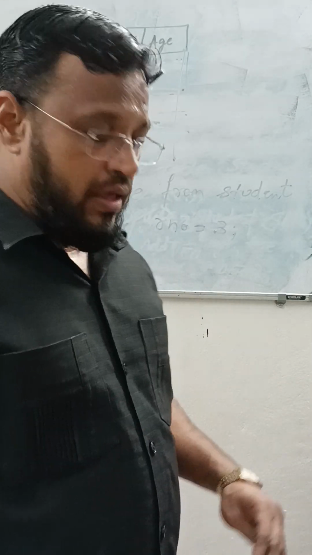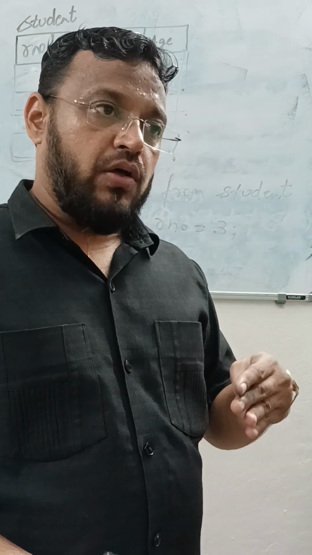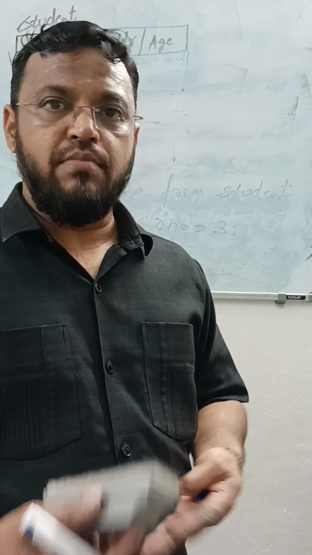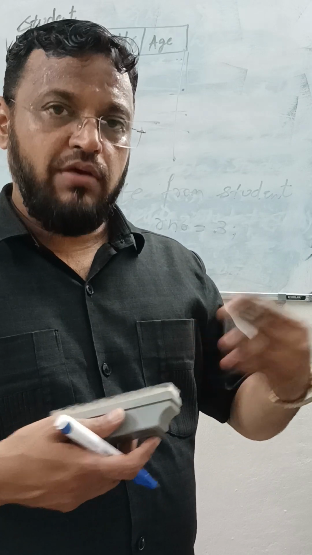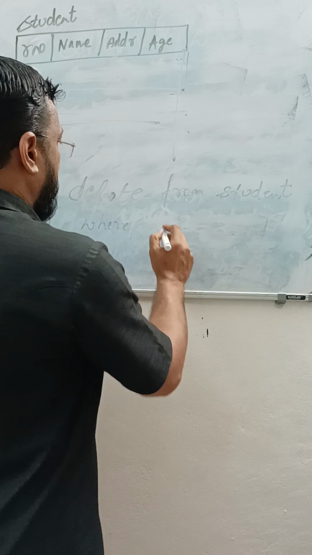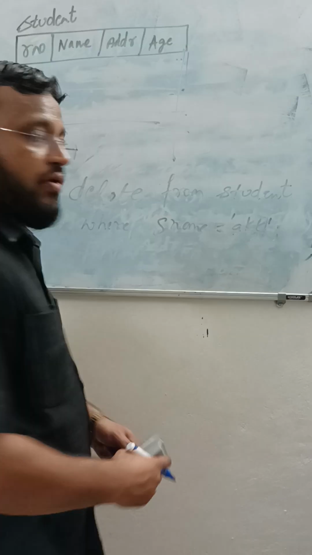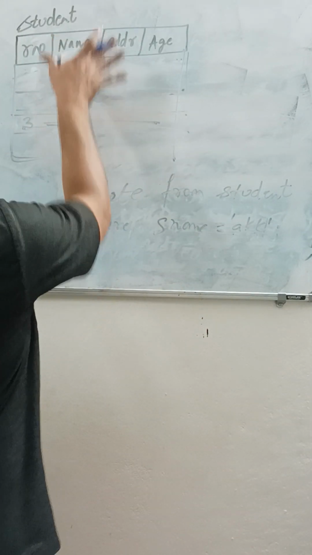Like this you can give any column name, but the values should not be similar. For example, assume that there are 2 students by the name Akshata. One Akshata you want to retain, but when you give where S name is equal to Akshata, then what will happen?